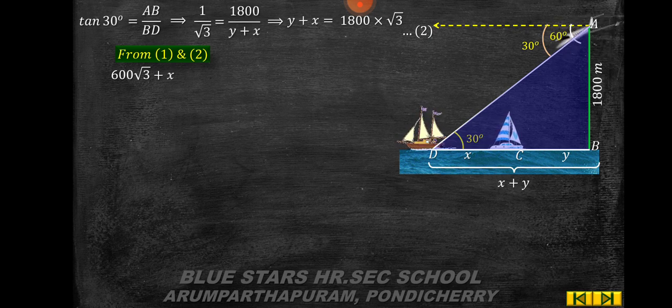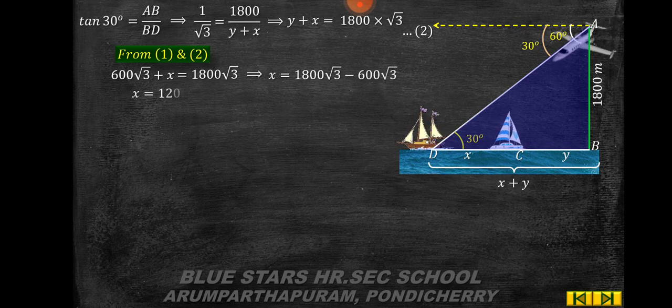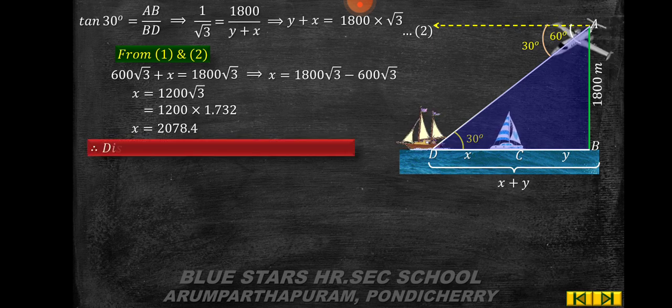From 1 you know the value of y is 600 root 3. So 600 root 3 plus x is equal to 1800 into root 3, which implies x is equal to 1800 root 3 minus 600 root 3, which is equal to 1200 root 3. So x is equal to 1200 into root 3 value 1.732, which is equal to 2078.4 meters. Therefore the distance between the two boats is 2078.4 meters.